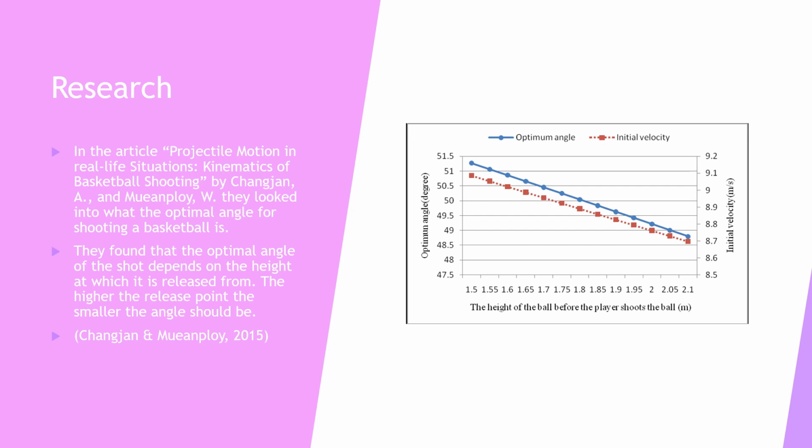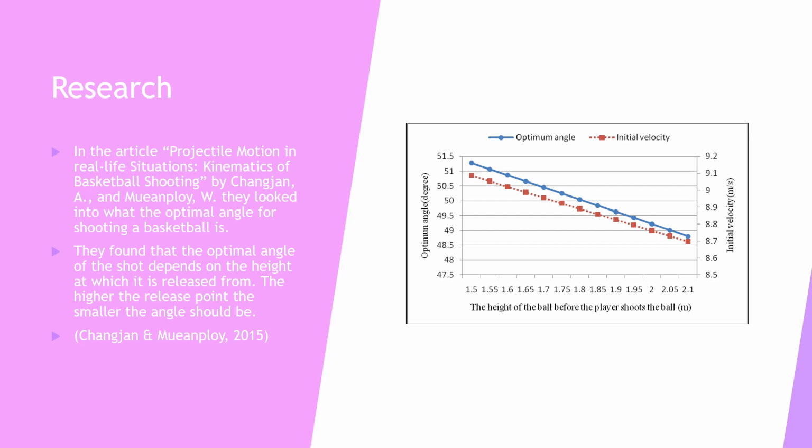Now let's move on to some research articles. In the article Projectile Motion in Real Life Situations, Kinematics of Basketball Shooting, the researchers looked at the optimal angle when shooting a basketball. They found that the optimal angle of the shot really depends on the height at which the ball is released.